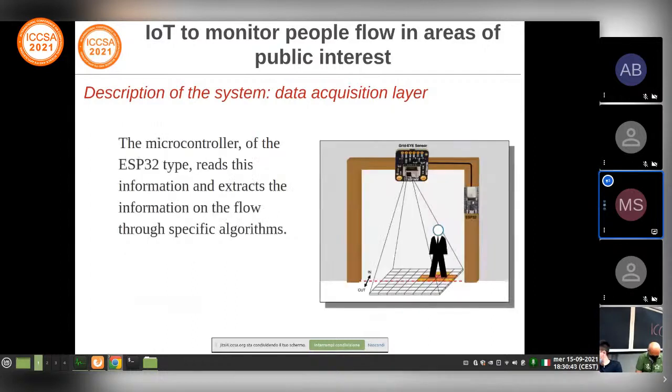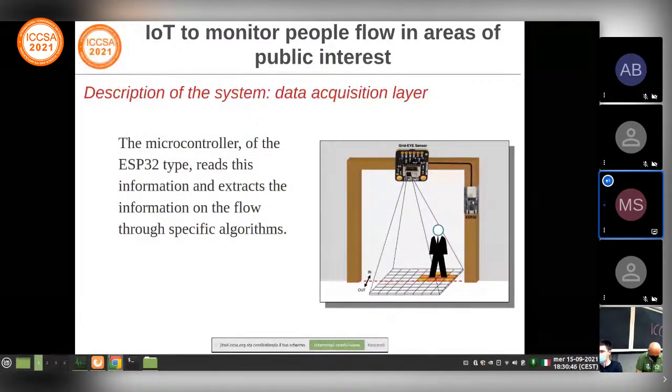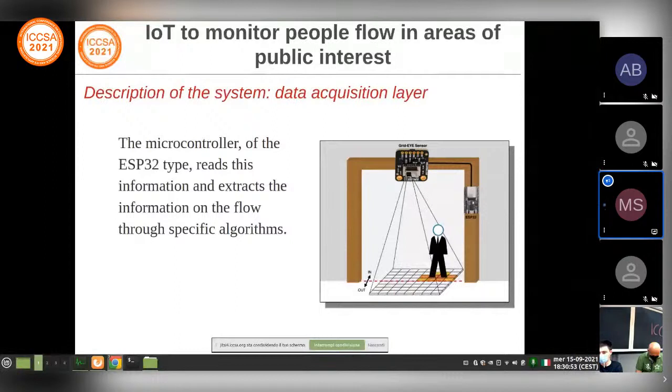The sensor is a matrix sensor composed of lasers as well, and it projects onto the ground an area from which the temperatures are measured. The microcontroller we have chosen is the ESP32 type, and it can read this information and extract the information on the flow through specific algorithms.